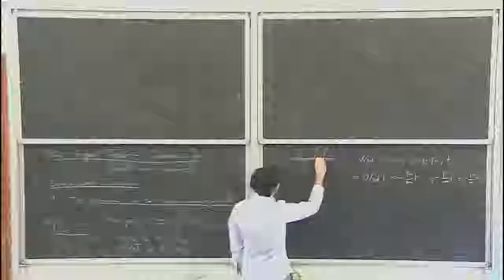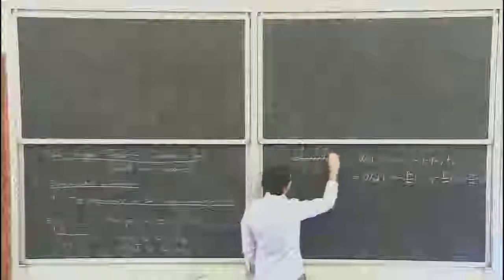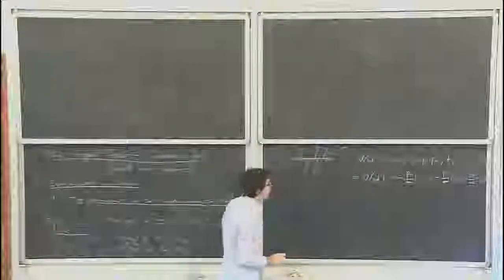If a particle at time 0 is here and has a given velocity, then you know where it's going to be after time t. Okay?